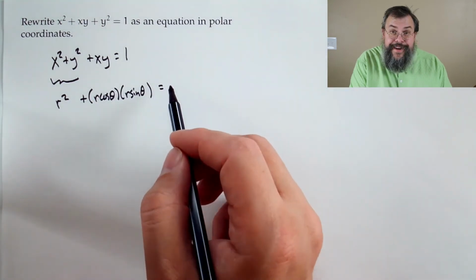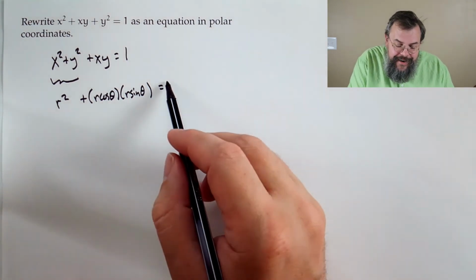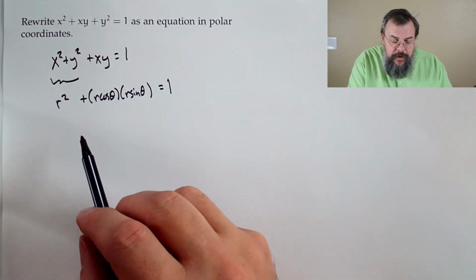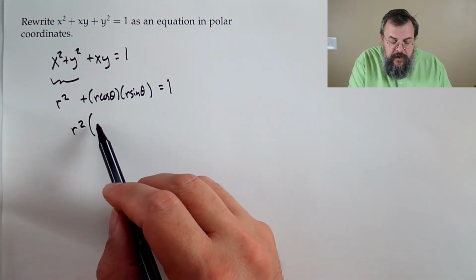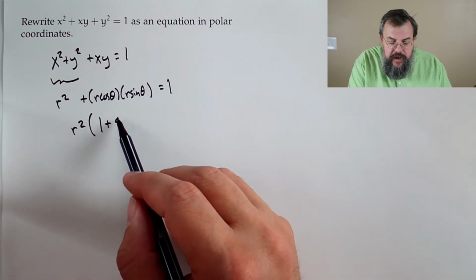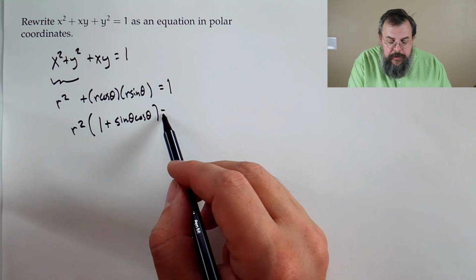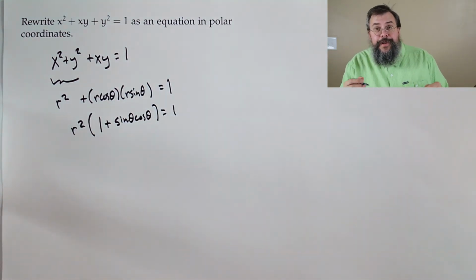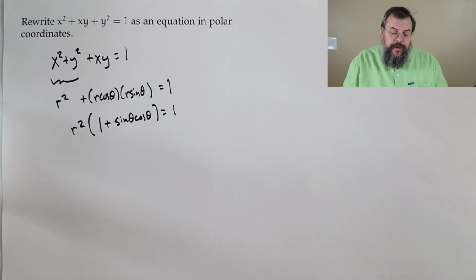And the 1 is still 1. Well, this becomes r squared, just pull it out, times 1 plus sine theta cosine theta, and that equals 1. Now, if we wanted to be really fancy, and it's kind of fun to do that, what do we see? Well, sine theta cosine theta, it's very close to a double angle.